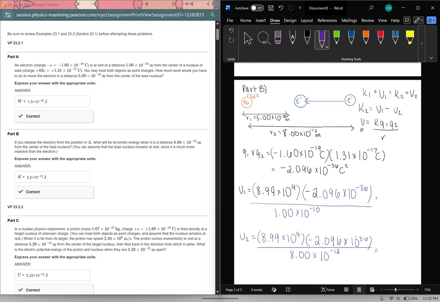Okay, so I got negative 1.884 times 10 to the power of 16 joules basically.